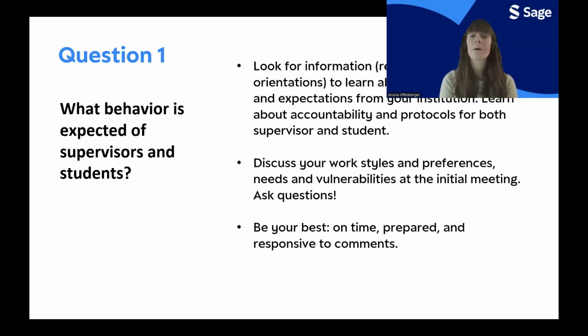And showing up prepared, on time, being responsive to comments, being open, respectful is all very important. And so that's something that you bring forward from your classroom into this mentorship partnership. Next slide, please.